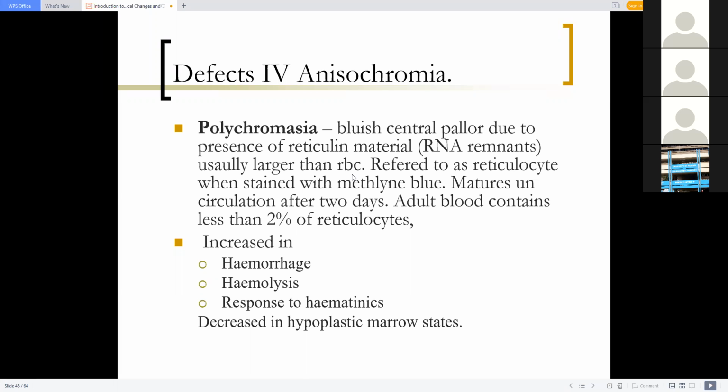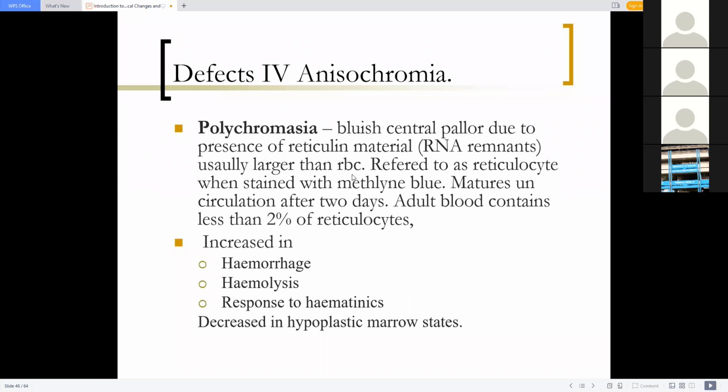These cells that usually have remnants of RNA material are usually immature cells that have been released into circulation. And these cells are usually reticulocytes, because that is the definition of a reticulocyte, which is the maturation stage just before the erythrocyte, the mature red cell as we know it.